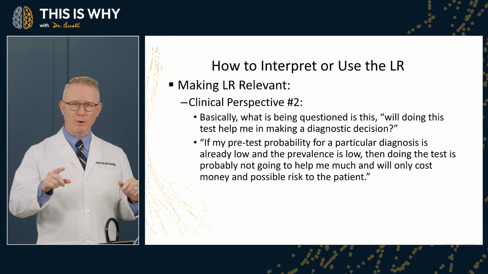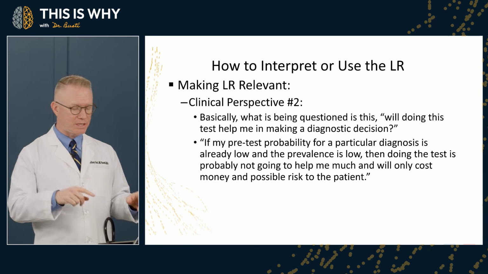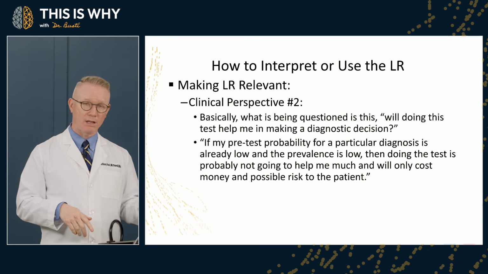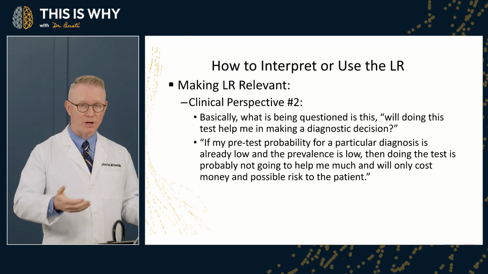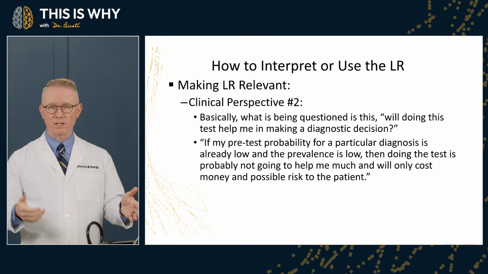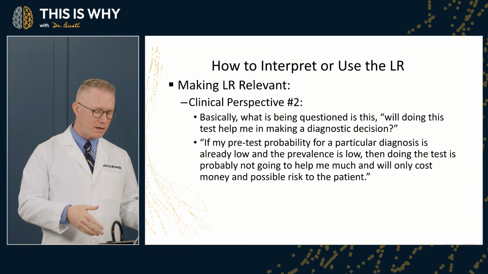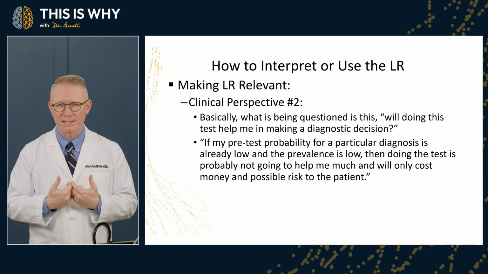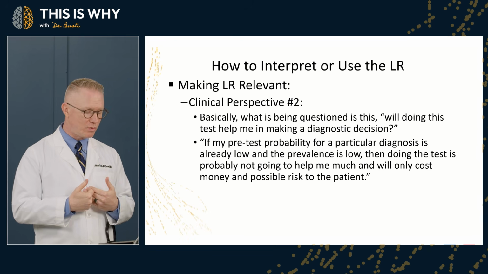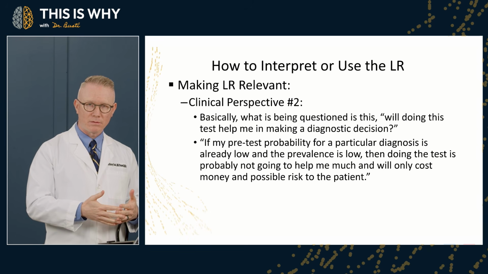So if my pretest probability for a particular diagnosis is already low, okay, again, that's that prevalence, my concern, my gestalt, and the prevalence is also low for that, then doing the test is probably not going to help me as a clinician add to my decision, right?